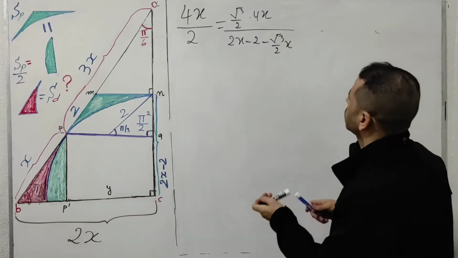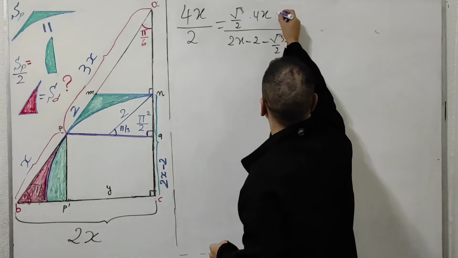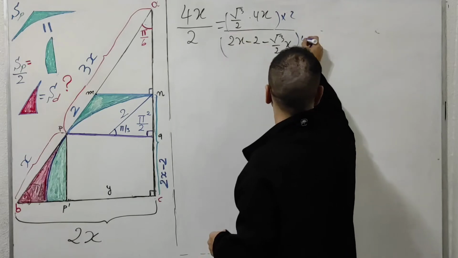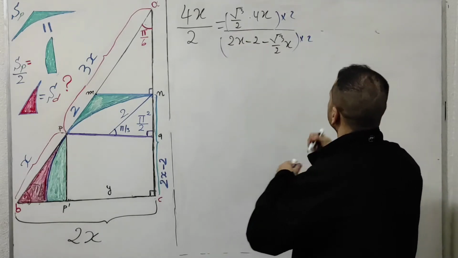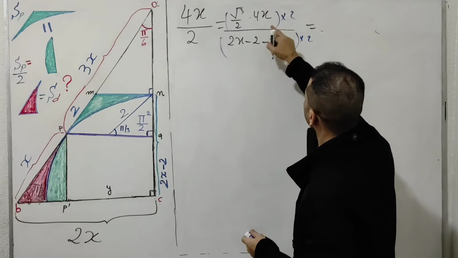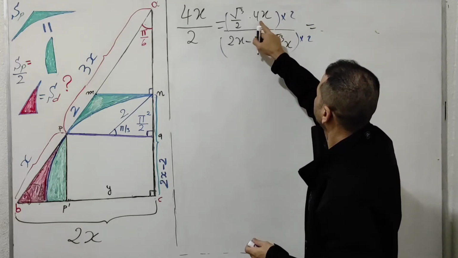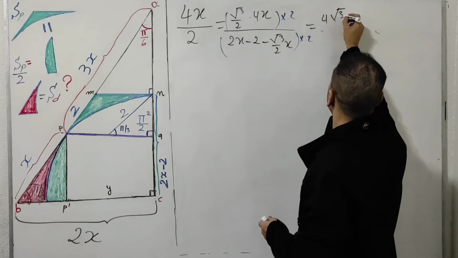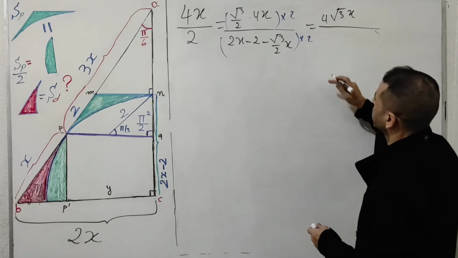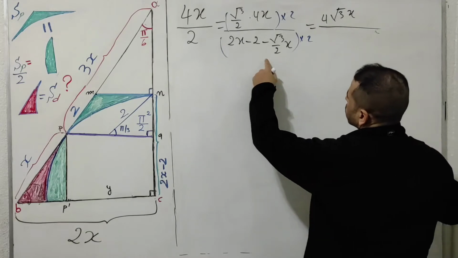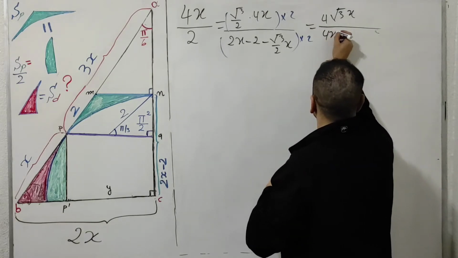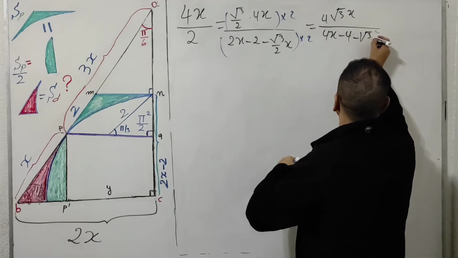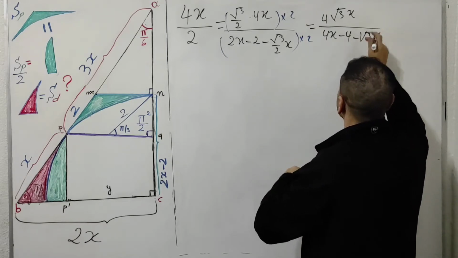I'm going to simplify this expression by multiplying numerator and denominator by 2. So I will get here 2 multiplied by 4, which is 8, divided by 2, which is 4. I will get 4 square root of 3 x. For the denominator, I'm going to multiply this one by this one, which is 4x minus 4 minus square root of 3 x, okay?